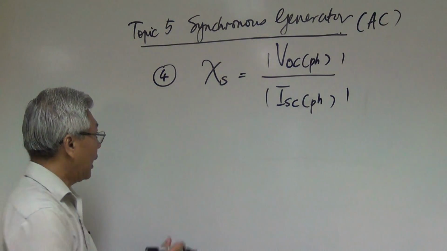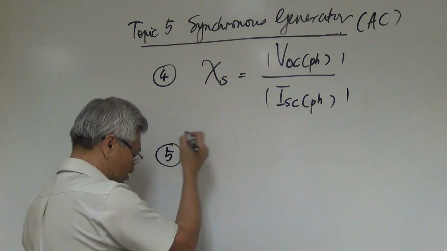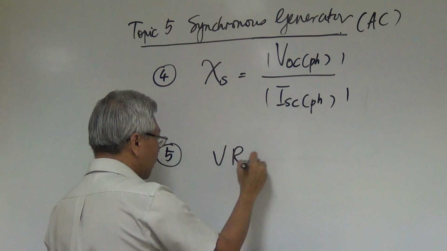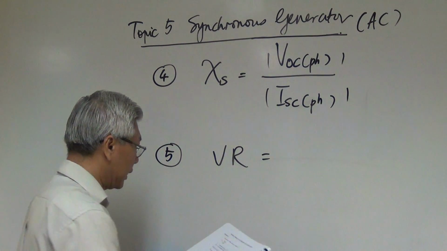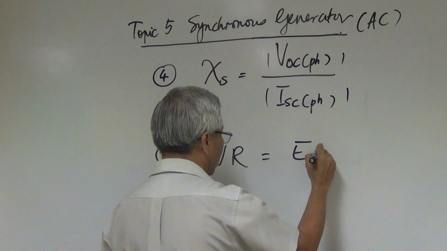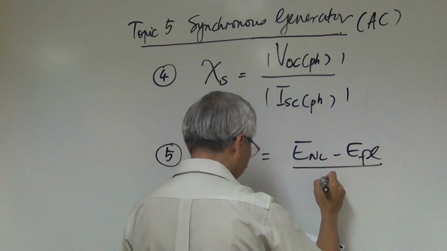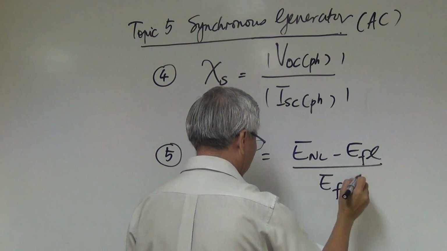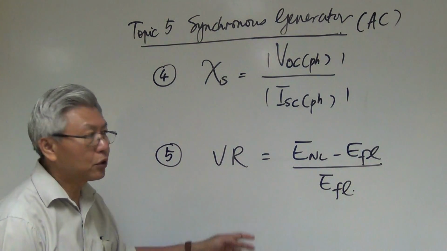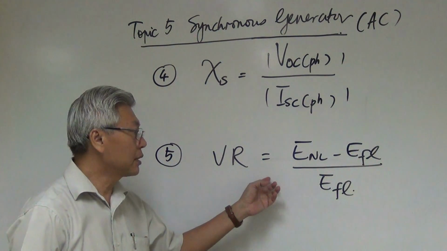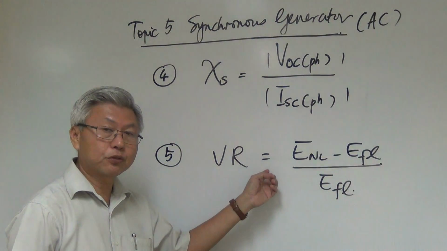And the last point is the voltage regulation. Voltage regulation of a synchronous generator is the no load voltage minus the full load voltage, divided by the full load voltage. Just as in a transformer we have voltage regulation, a synchronous generator also has a voltage regulation.